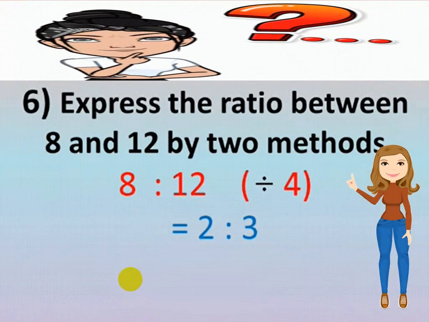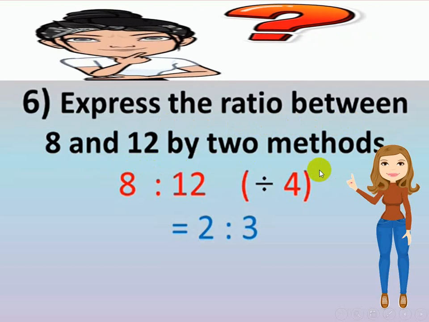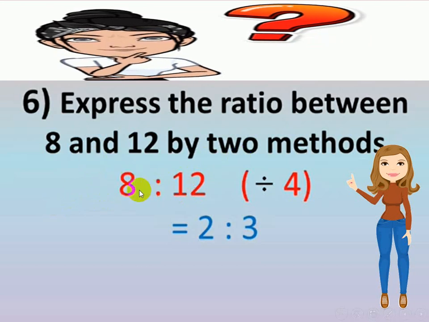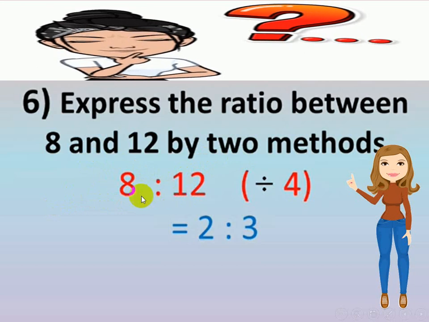Question 6. Express the ratio between 8 and 12 by two methods. Observe the first method is the ratio. 8 and 12, 8 to 12. We will convert the word and into to. 8 to 12. 8 is the first term, 12 is the second term. 8 and 12 are even numbers, so they are divisible by 2.